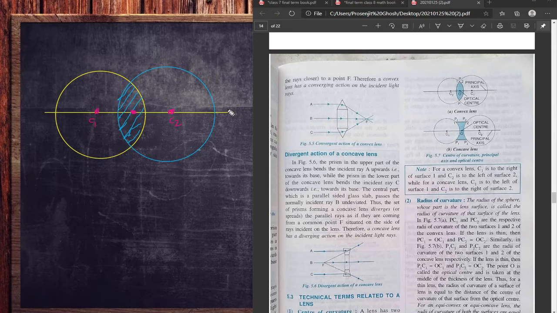What about the focus? We have two different focuses over here: for the circle C2 we have F2 from here to here, and for C1 we have the focus from here to here. I hope the idea is clear about the focus, the optical center, and also the optical axis.